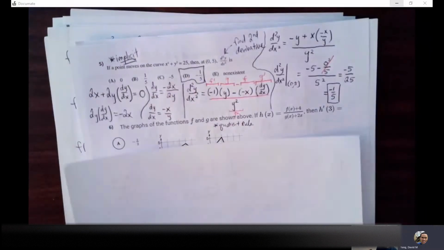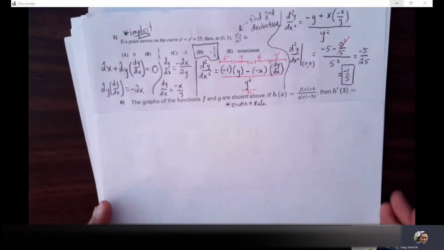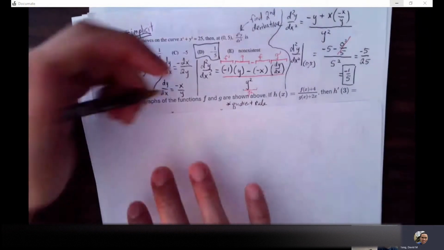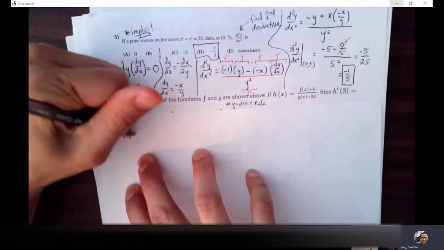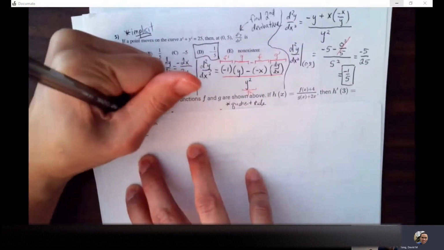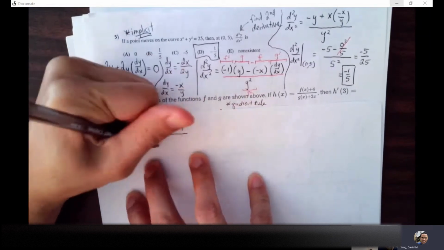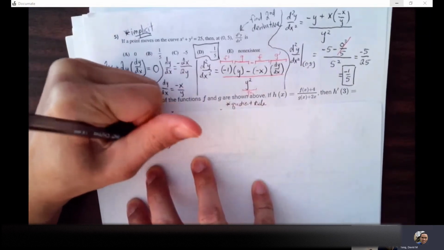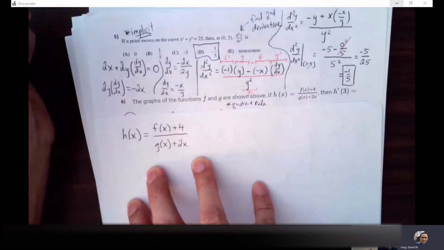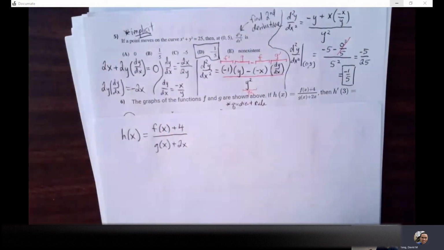Maybe I want to work this out on a separate sheet just to give myself more room here. Okay, so here's number 6. I want to go through quotient rule.